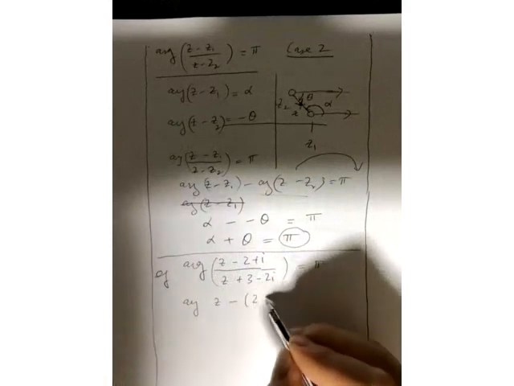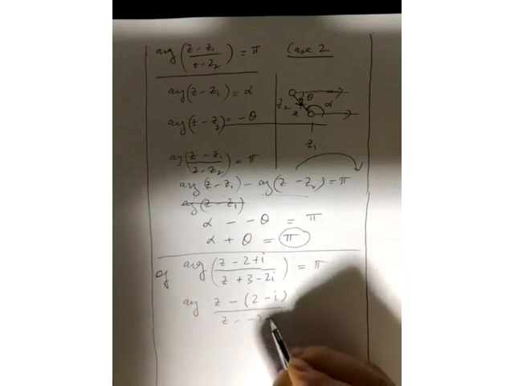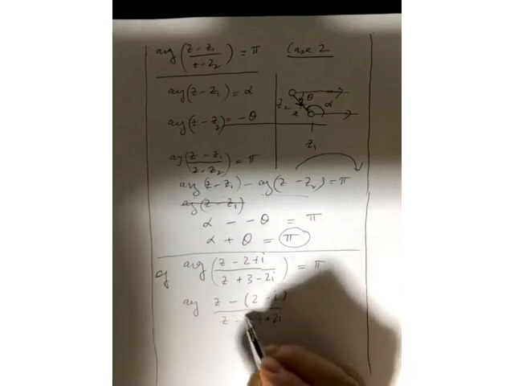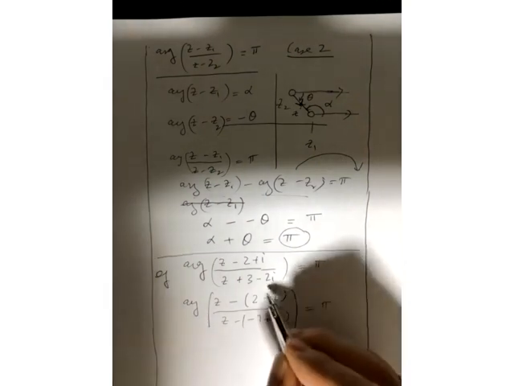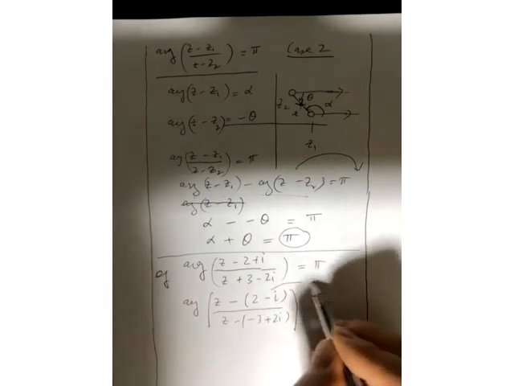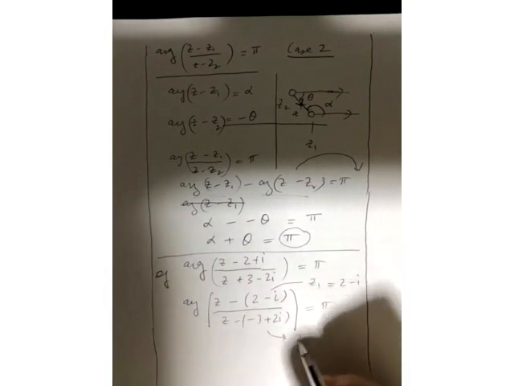So you have to use a bit of algebra: z minus (2 minus i), over z minus (minus 3 plus 2i), with brackets around there and around that. That is your z1. So z1 is 2 minus i. This is your z2, which is minus 3 plus 2i.